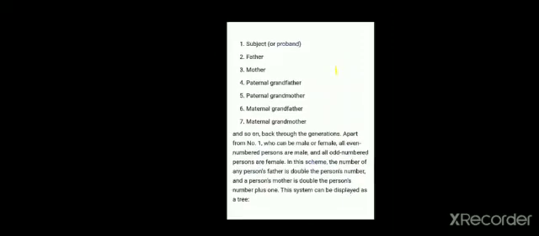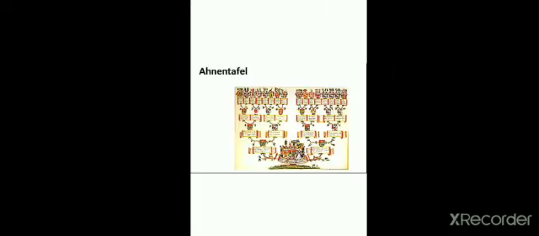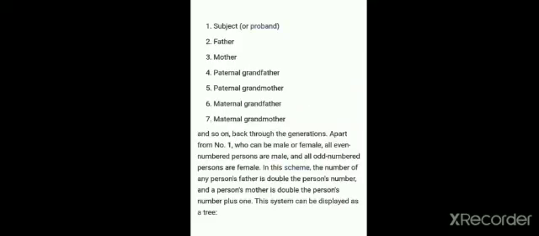So the Ahnentafel family tree is like this. First the subject, then the father and the mother, then the paternal grandfather and the paternal grandmother, then the maternal grandfather and the maternal grandmother, and so on. It goes on like that.